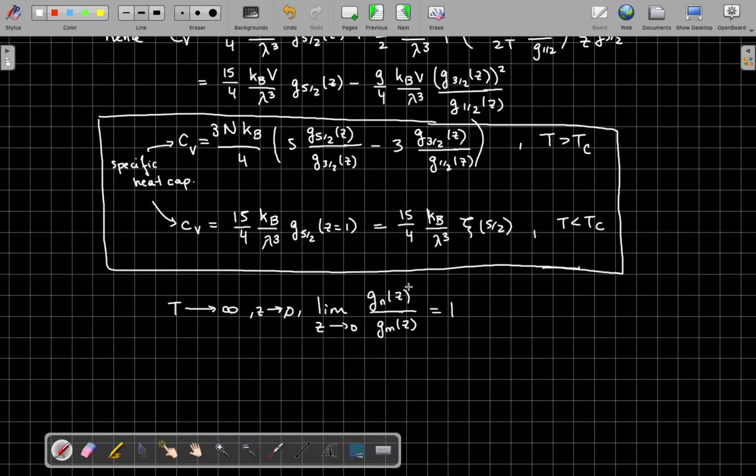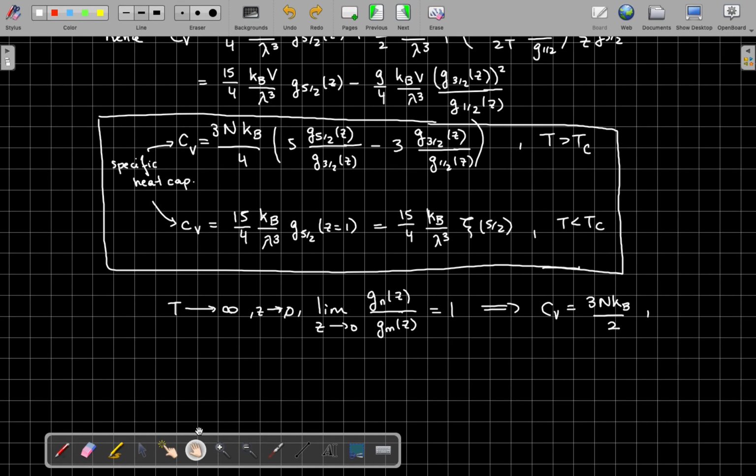So as a result, this is going to give 1, this is going to give 1, so we get 5 minus 3 inside these parentheses, and that's just 2. So C_V is going to be equal to 3N kB over 2. This is actually the same as the ideal gas specific heat. And so what this tells us is that a high temperature Bose-Einstein gas behaves as a high temperature ideal gas.